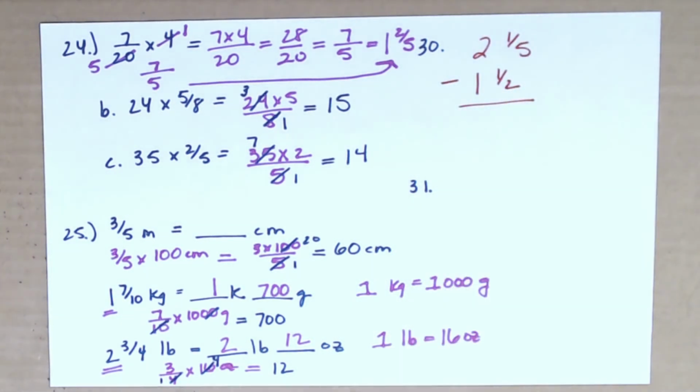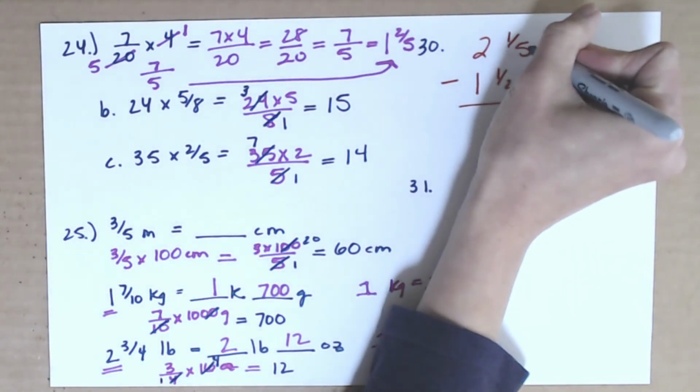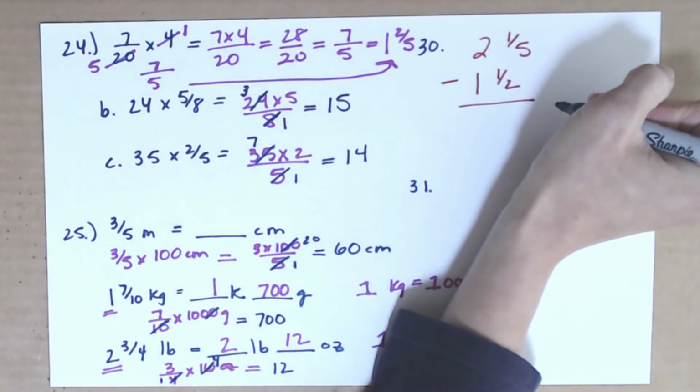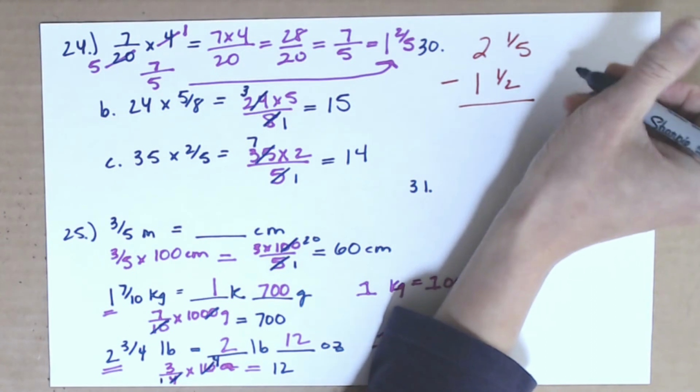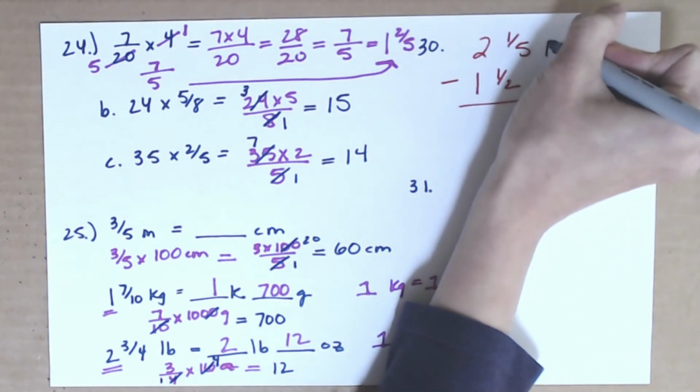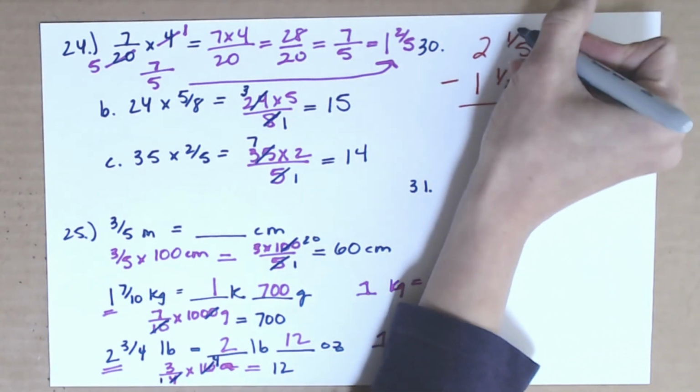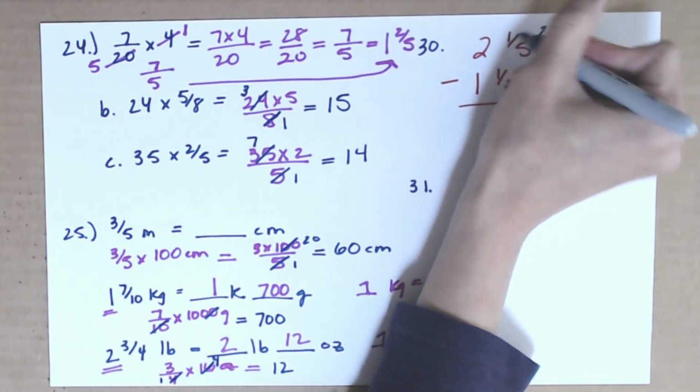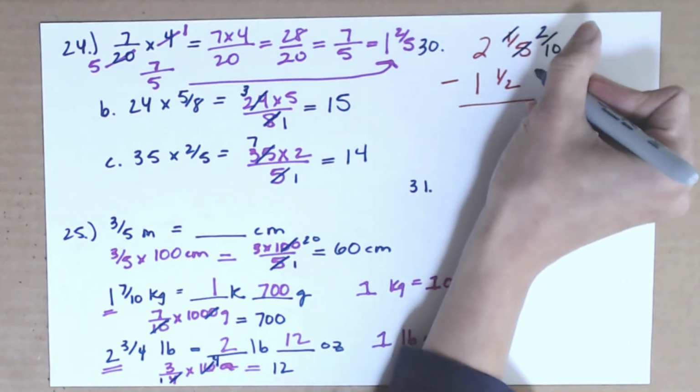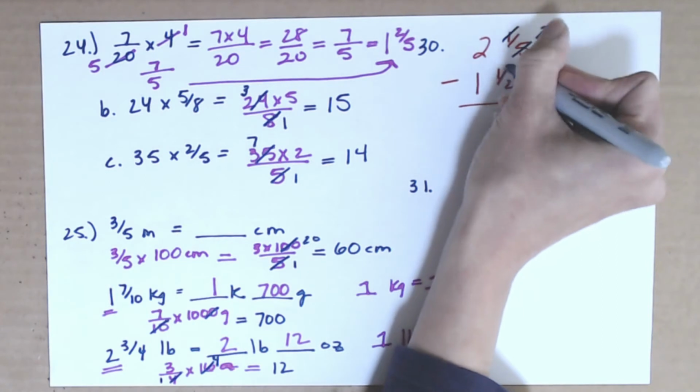So to subtract, we need to have like denominators. So we're gonna look at this 5 and this 2, and we're gonna think, what's the least common multiple, which would be 10. So we're gonna change the 1/5 to 2/10, and the 1/2 to 5/10.